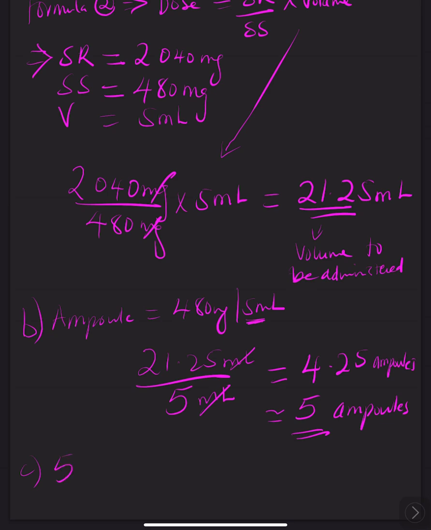So you'll say 5 ampules that you need for every single dose times 4, because you give the medication 4 times in a day, which is QID. And this should give you 20 ampules, which you go to the pharmacy and ask for for this patient of yours. And all the questions have been addressed.